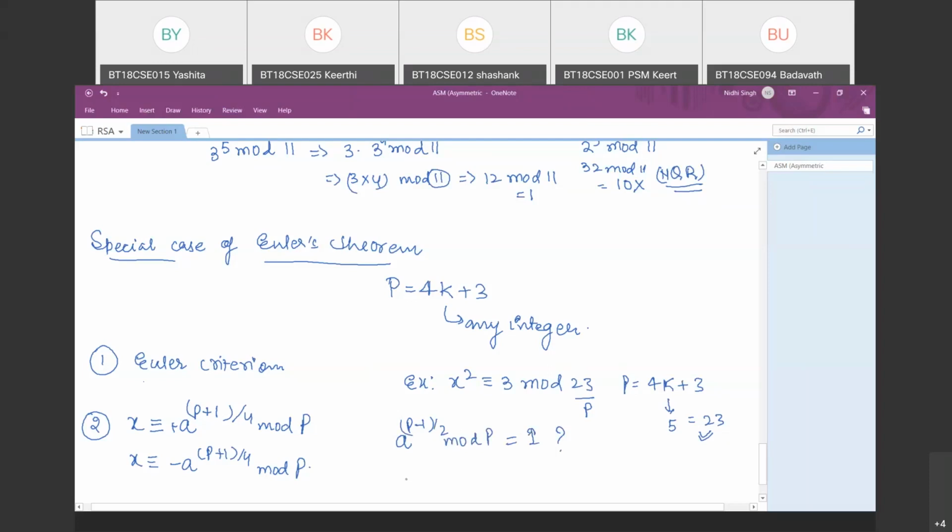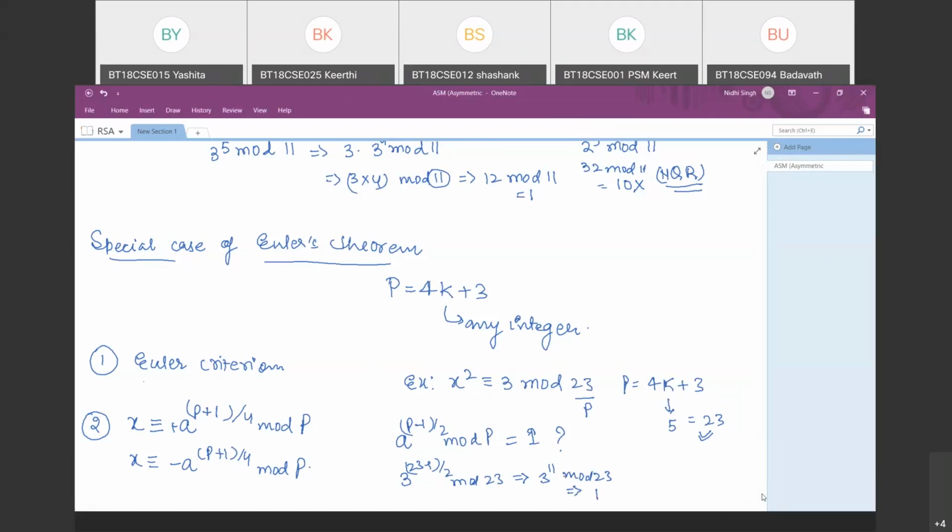So what is the value of a? 3. The value of p is 23, so 23 minus 1 divided by 2, mod 23. So if you solve this, your answer will be 3 to the power 11 mod 23, and when you solve this, your answer will be 1. You can check it, okay.